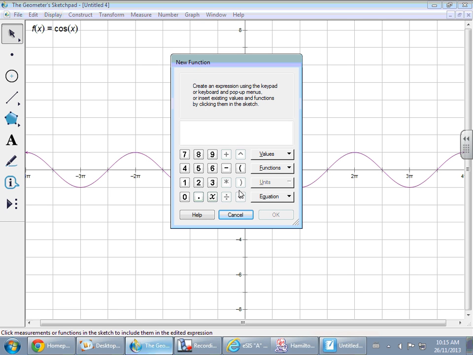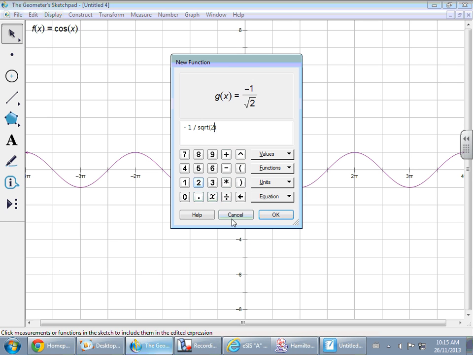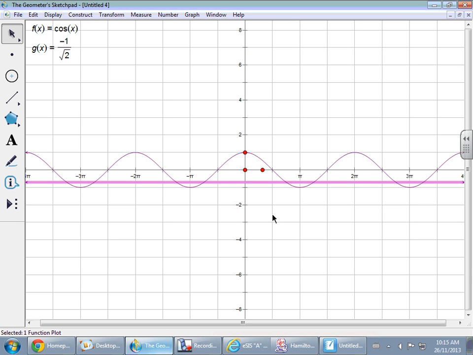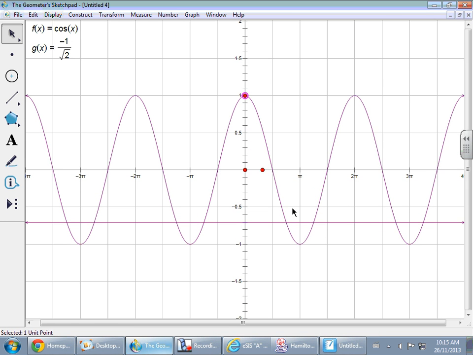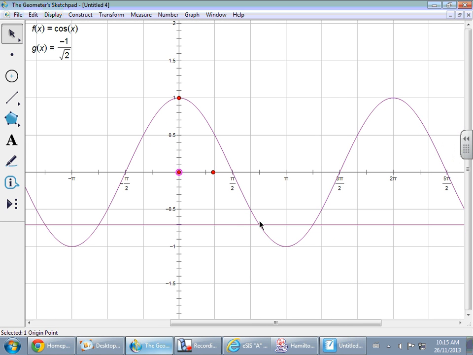So, -1. And what that'll do is put a nice line where it's equal to that. So we just found this answer right here, and we found this answer right here. Okay?